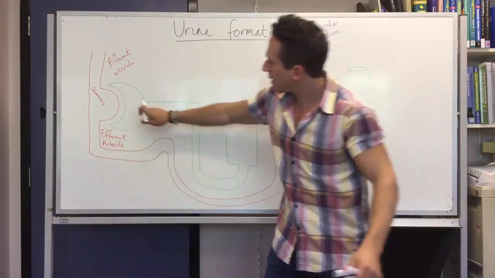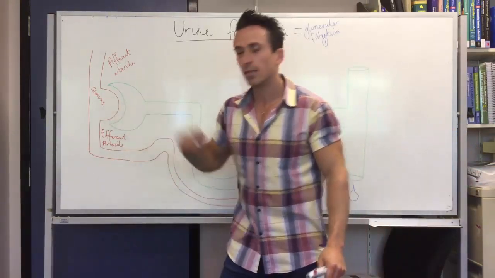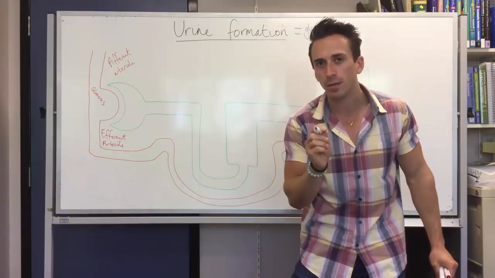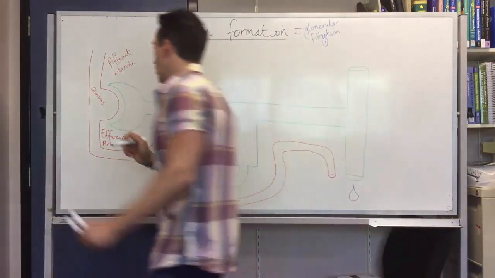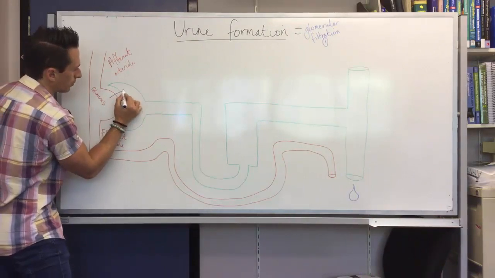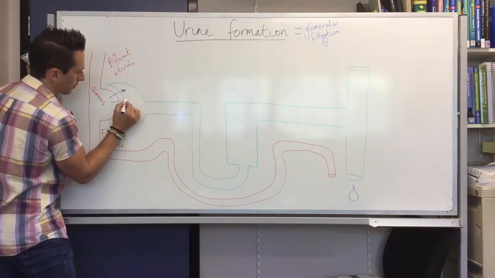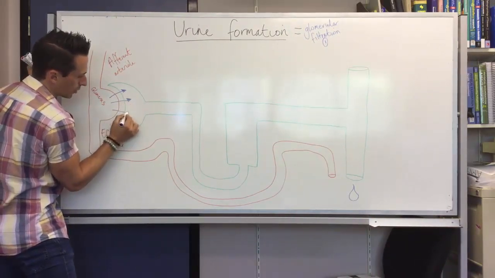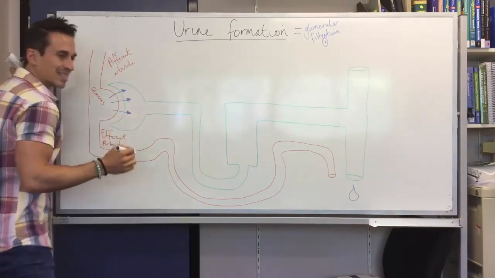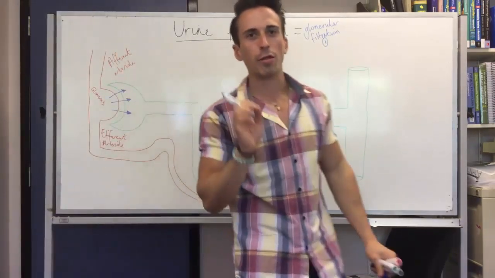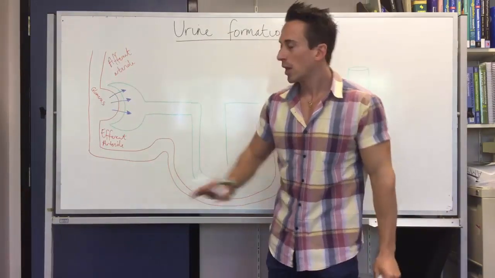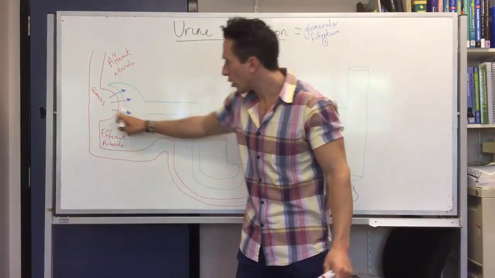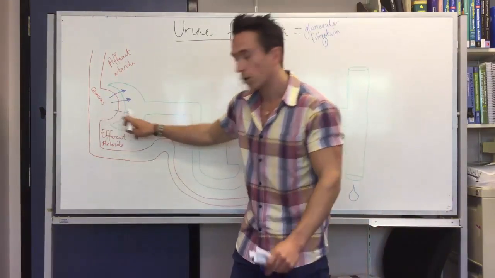But once you get here to the kidneys, this capillary bed is different and the push is greater. It's 50 millimeters of mercury. So you have this very strong push, pushing substances within the blood plasma through. Now remember, proteins do not go through and cells do not go through.